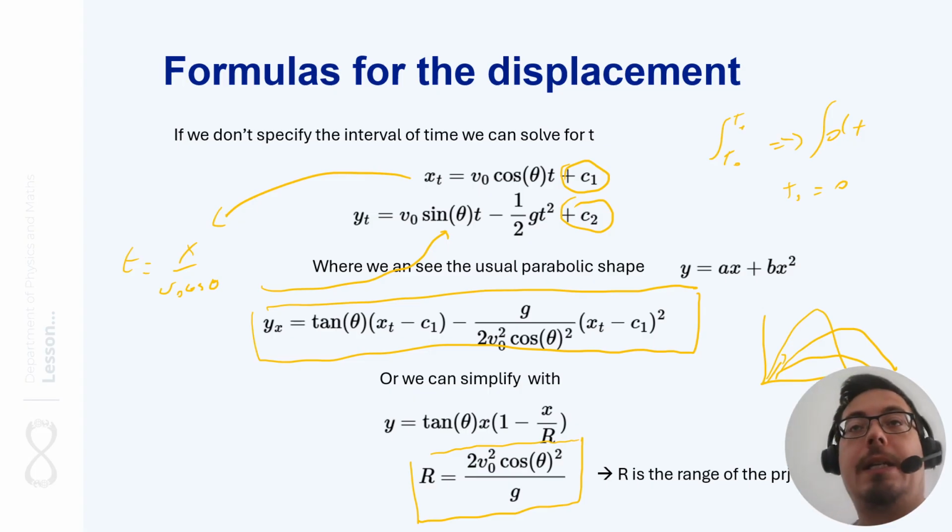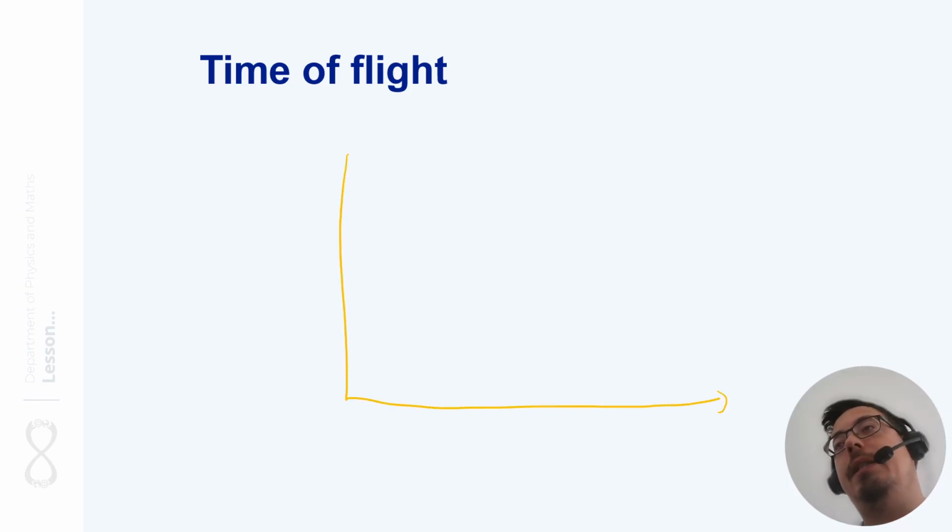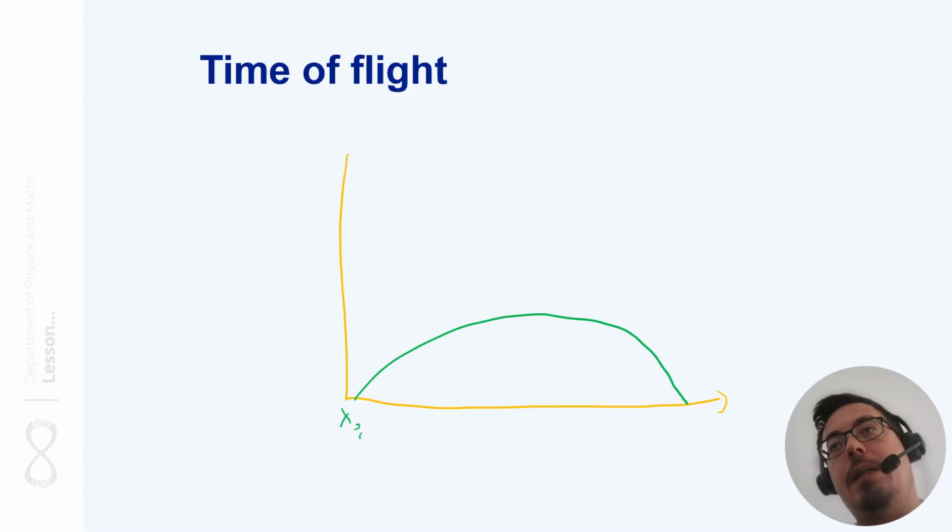What we can do next is to find the time of flight. So time of flight means that we have our projectile that is moving as a parabola, as we said. So what's the time of flight? It is the time that it takes to go from x0, y0 to x star, y star.